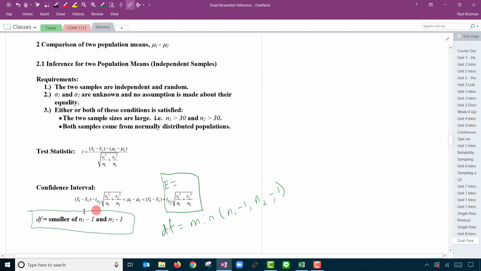This is a conservative way of handling the degrees of freedom. If we had additional information, like I know that the variation of group 1 is the same as the variation in group 2, then sometimes we tweak the formula for degrees of freedom. We can use a higher value, which is less spread out then.